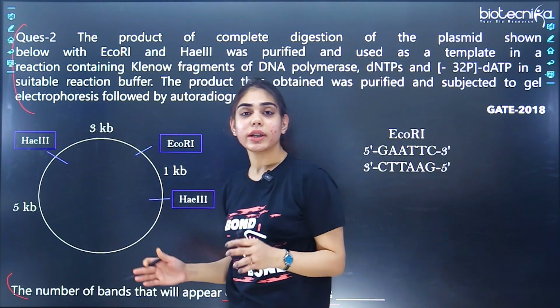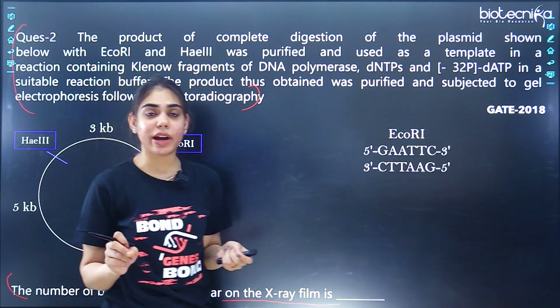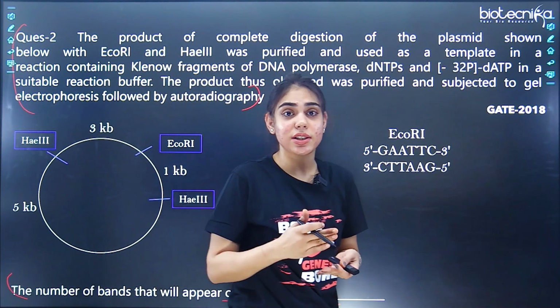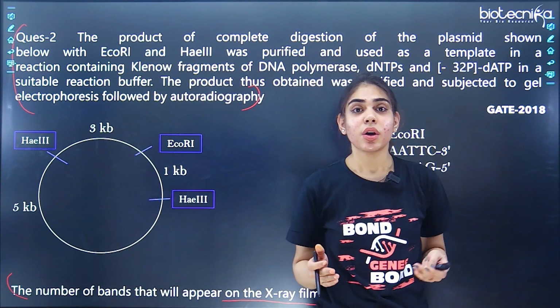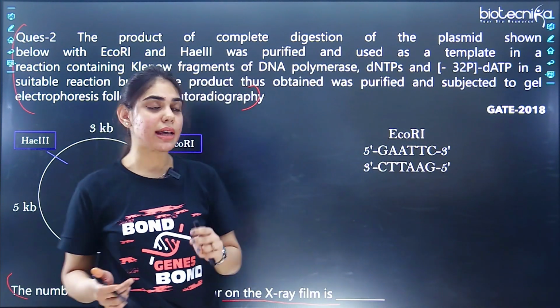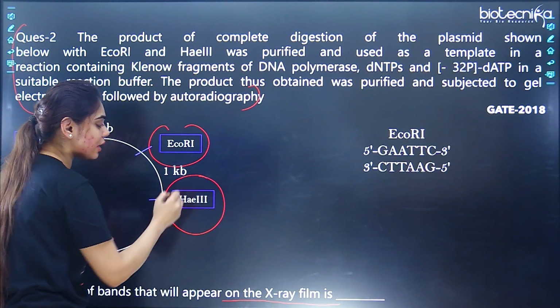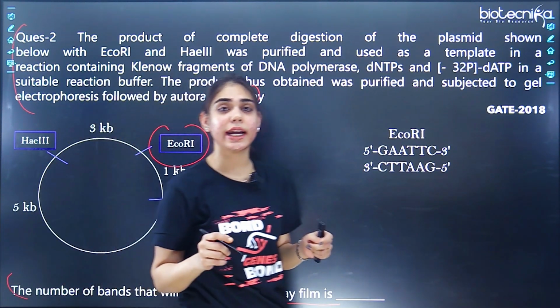And we all know that in the X-ray film or autoradiography, we will only get the DNA fragments digested by a sticky cutter, or restriction enzyme, that generates a sticky end. So here two examples are given. One is EcoRI and the other one is Haemophilus influenzae, that is HaeIII.